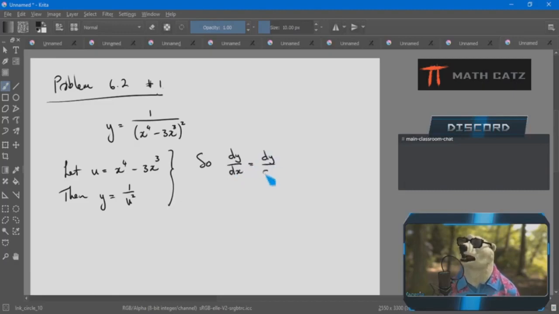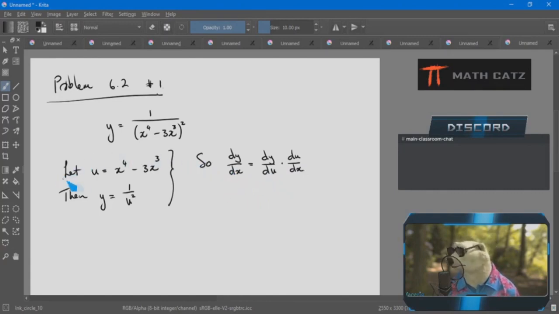It's the derivative of the outside function with respect to the temporary variable, times the derivative of that temporary inside function that we call u, to make things easier for ourselves.